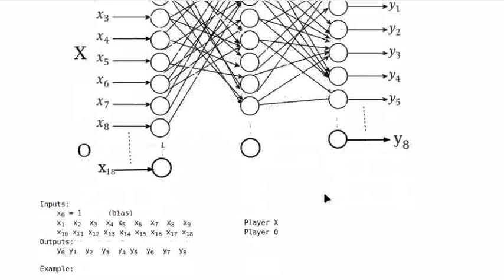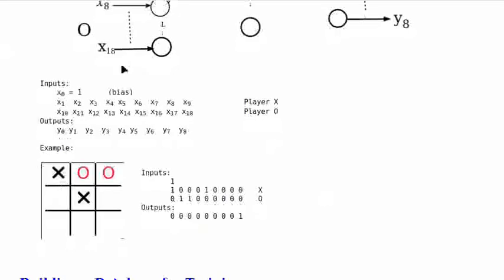As shown here, X0 is always 1. It is the bias. X1 to X9 is for player X, X10 to X18 is for player O. The outputs are Y0 to Y8.